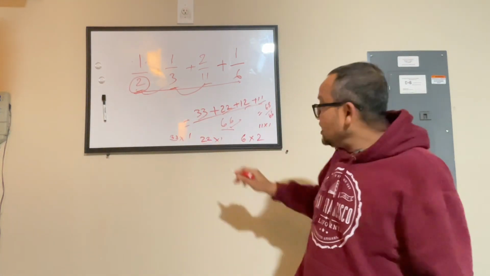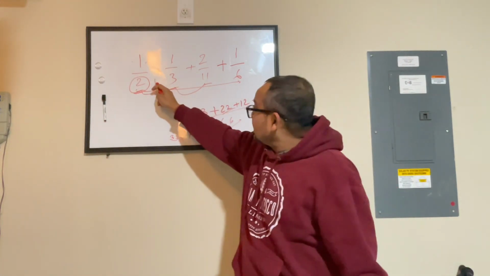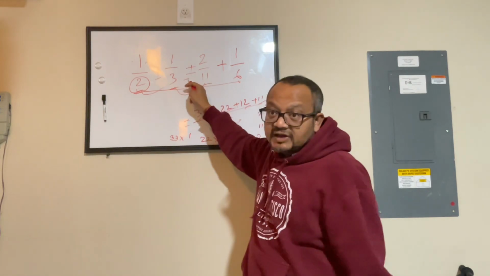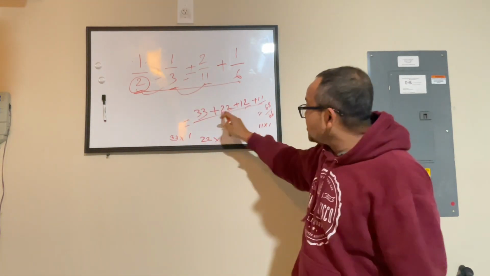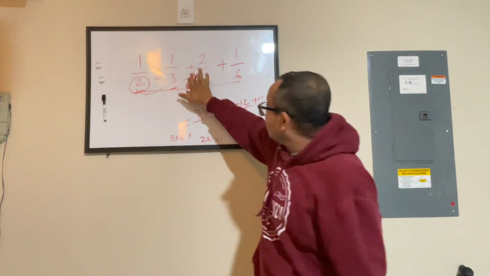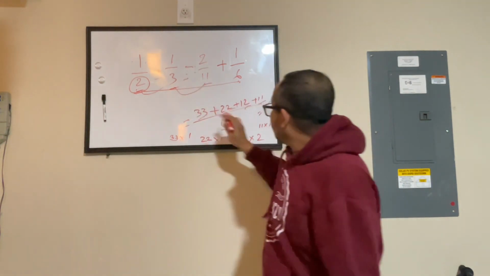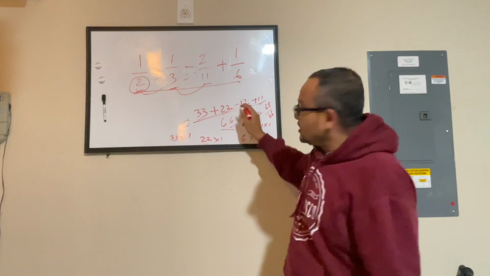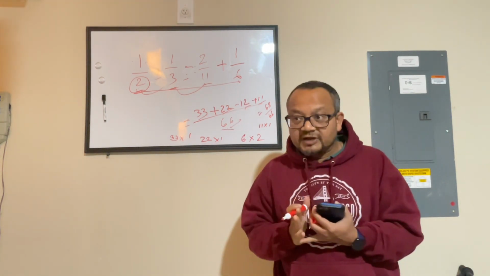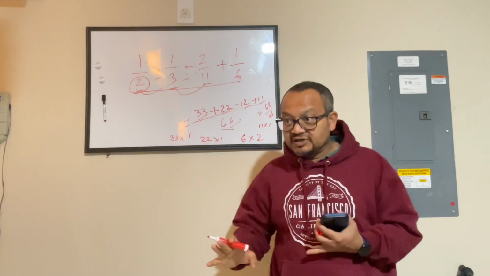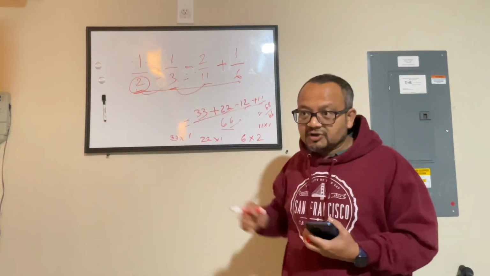That's what we did. And the only thing that you would have noticed is I kept looking at this sign. Is it plus or minus? If it's a plus sign, I just kept on adding. If there was a minus here, I would have just put a minus. So, be it addition or subtraction of fractions, it's the same thing. The approach is the same. You just have to deal with the sign properly.